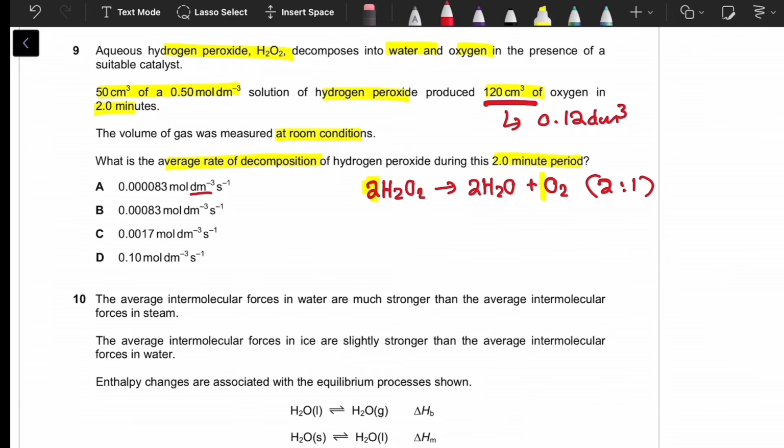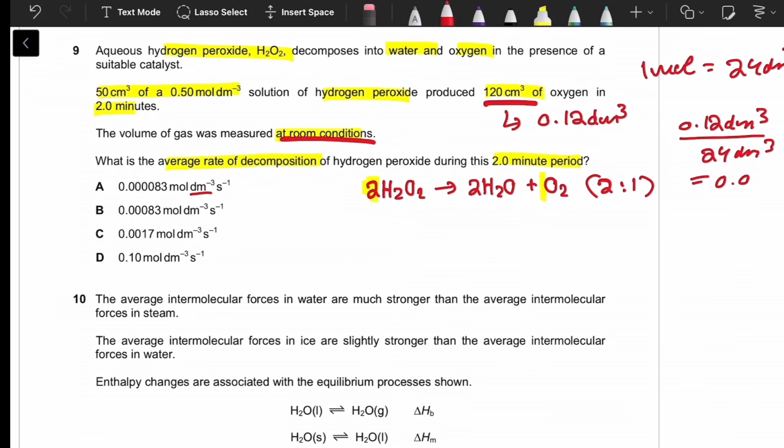Since our gas is measured at room conditions, 1 mole of gas is equal to 24 decimeters cubed. Therefore, 0.12 decimeters cubed divided by 24 decimeters cubed gives us the number of moles, so 0.005. Therefore, the moles of H2O2 decomposed are double that number, which would give us 0.01.